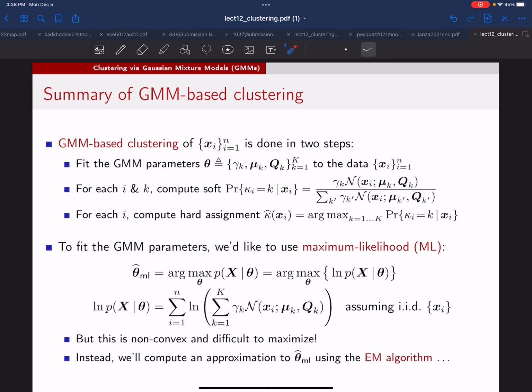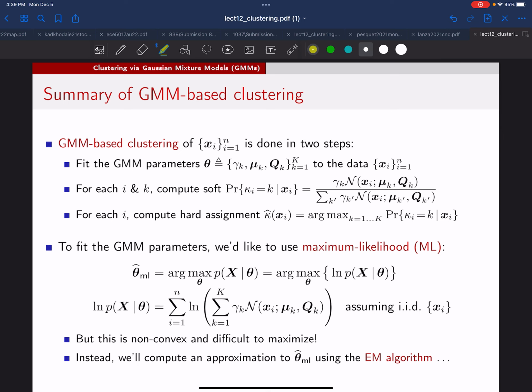We do that for all i, for all k. Then for all data samples, we can compute the hard assignments. We look at the different values as the components range from 1 to capital K, and find the maximizing soft value. Whatever index k maximizes that, we're going to call kappa hat of x_i. Okay, so that's a summary of what we've done.